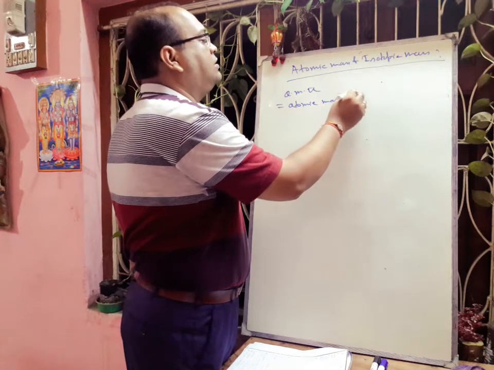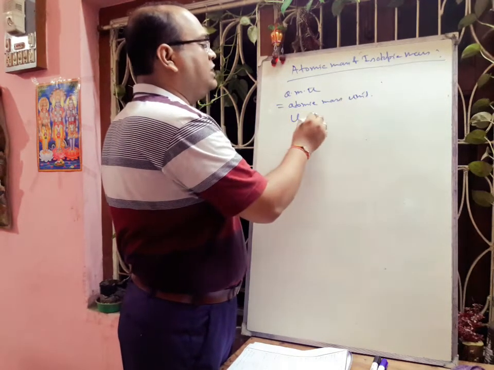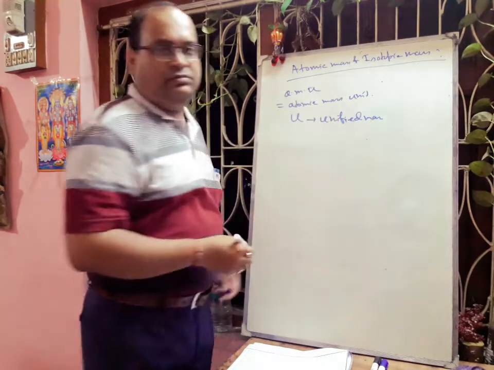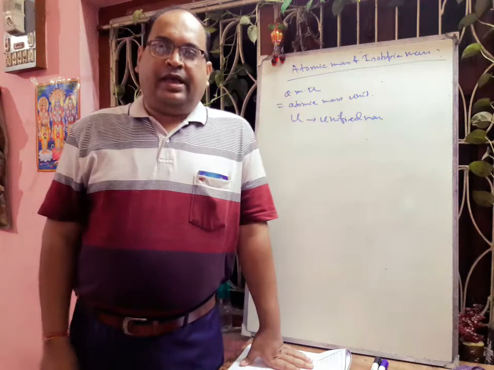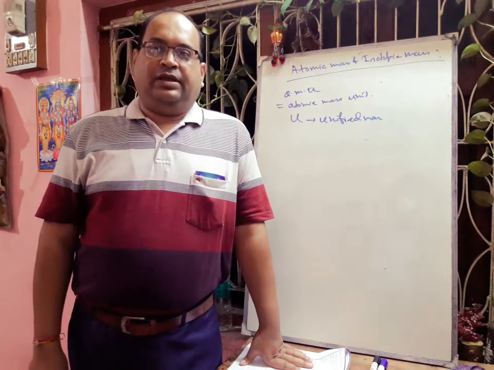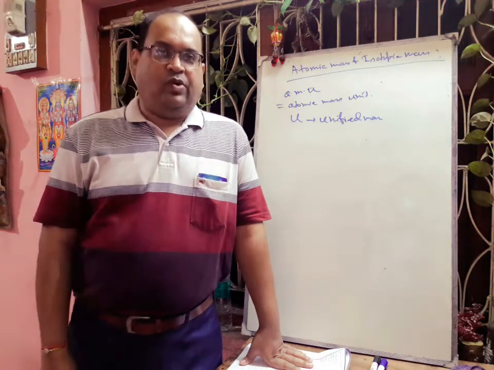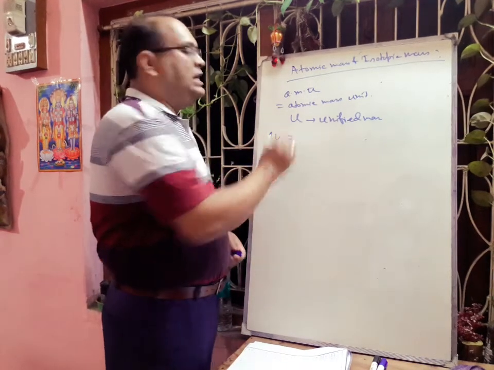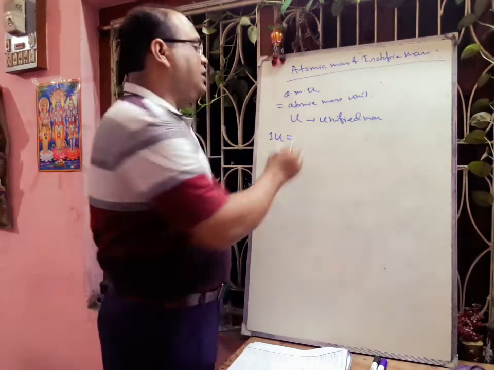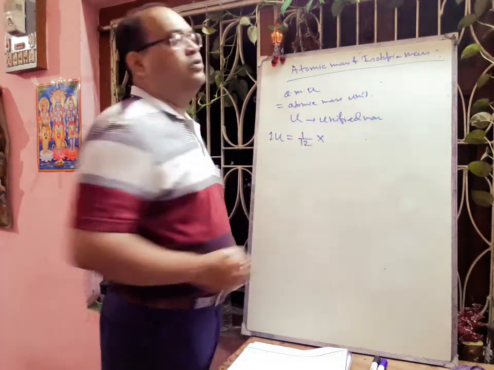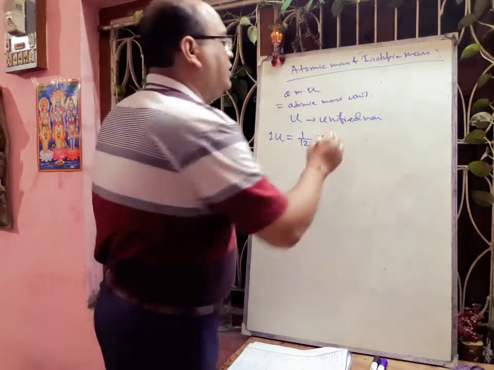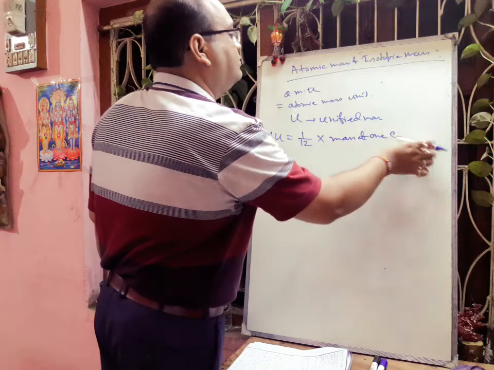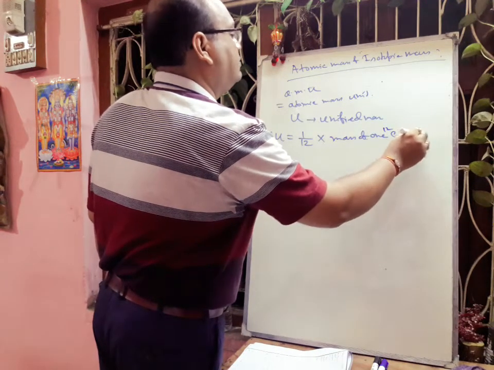Atomic mass unit, or sometimes we write U, that is called unified mass. Actually 1 AMU or 1 U is equal to 1/12 times the mass of one C12 carbon atom.